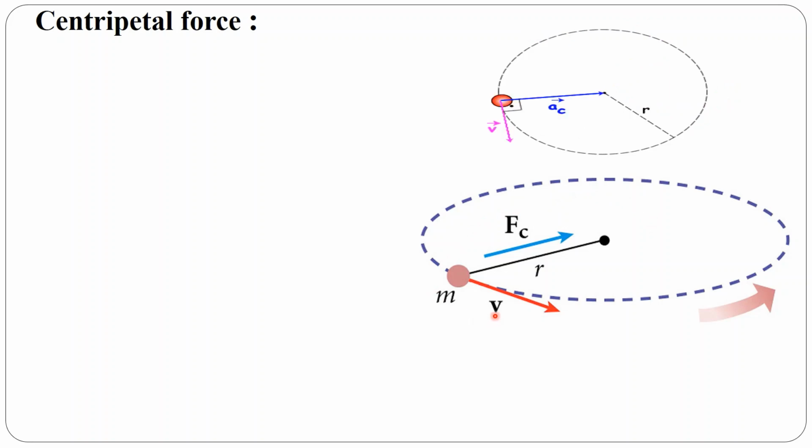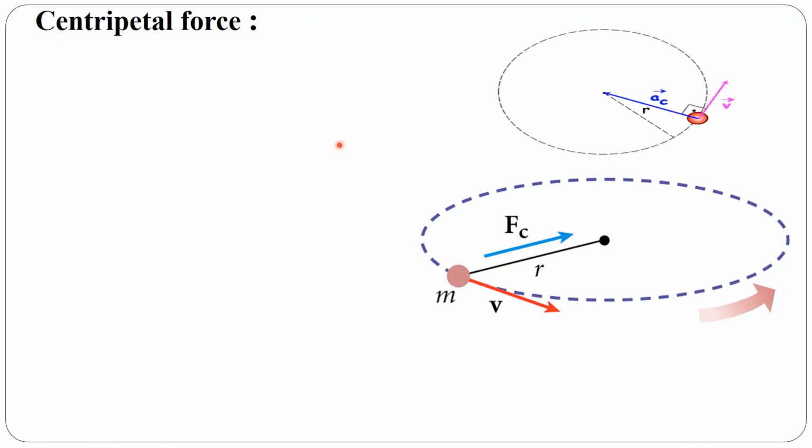From the figure, mass m is performing a circular motion. Centripetal acceleration acts along the radius, and the associated force also acts along the radius and towards the center. Such a force which exhibits that centripetal acceleration is called centripetal force.